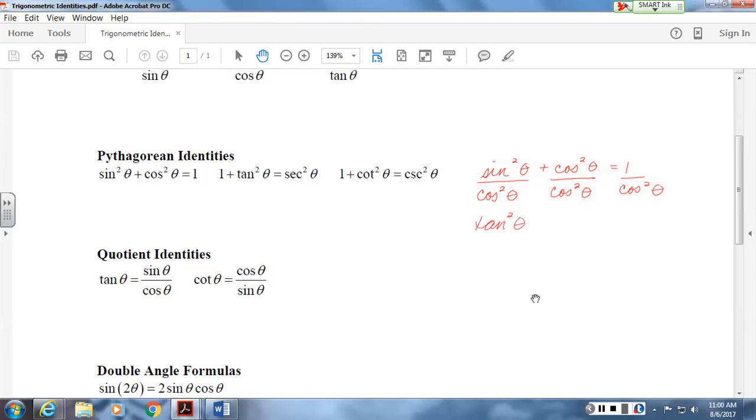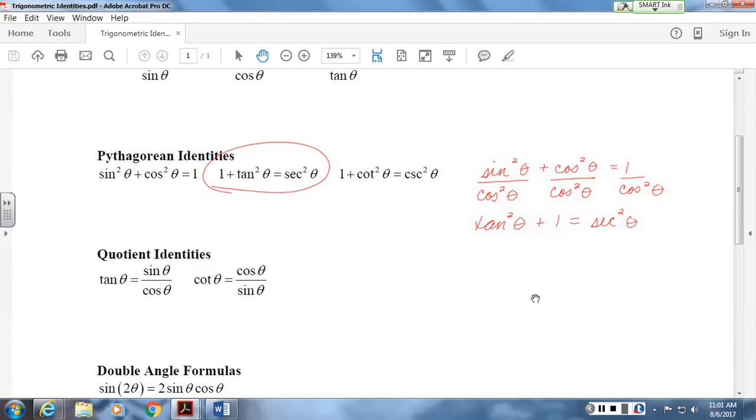That's just one of our rules. Cosine squared theta divided by itself is 1, and 1 divided by cosine squared theta, that's one of our reciprocal identities. 1 divided by cosine is secant, and it's being squared here. And that gives us this middle Pythagorean identity.